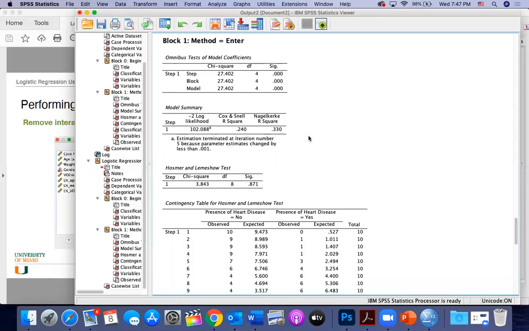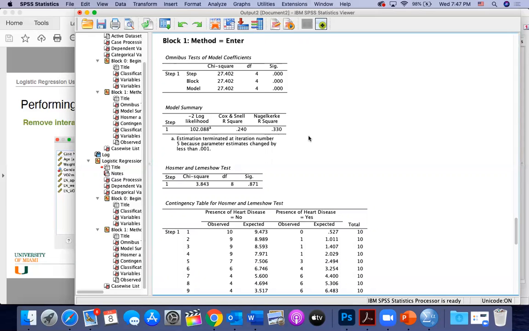Here we cannot say this directly, but with caution. This table contains the Cox and Snell R-square and the Nagelkerke R-square values, which are both methods of calculating the explained variation of the model.